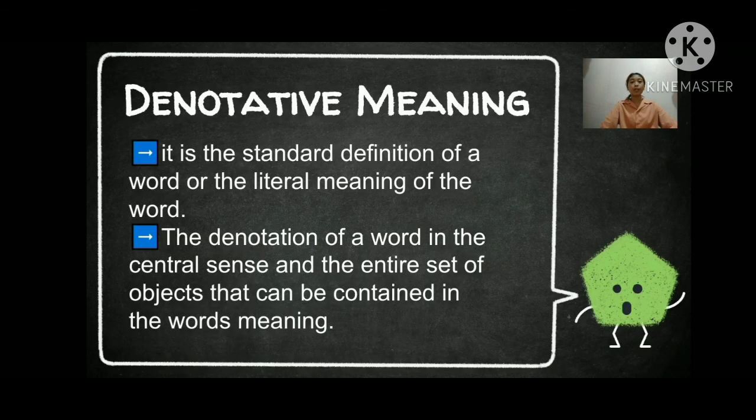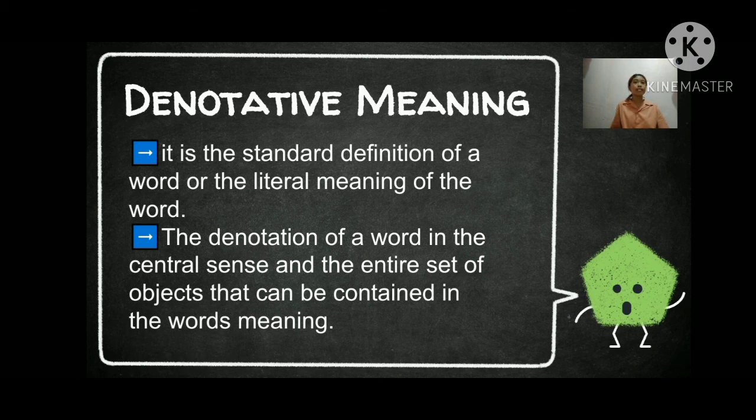Since we already know what is a connotative meaning, let's proceed to the denotative meaning. Denotative meaning is a standard definition of a word or the literal meaning of the word. The denotation of a word is the central sense and the entire set of objects that can be contained in the word's meaning. So in connotative, we are tending to connote, while in denotative, we are tending to denote.